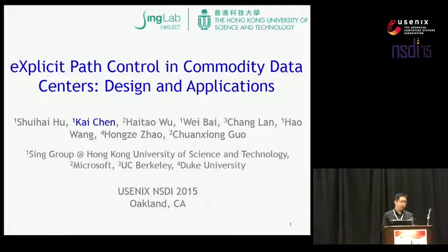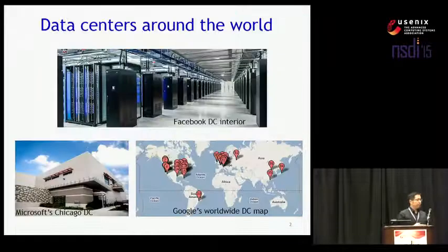As all of you know, today, driven by modern internet applications and cloud computing services, data centers are being built around the world by big companies like Facebook, Microsoft, and Google.